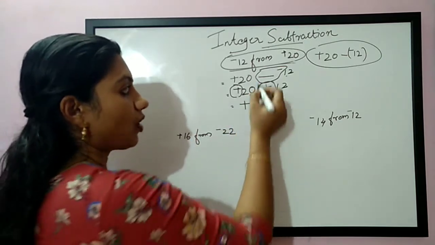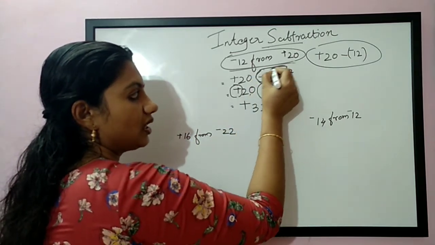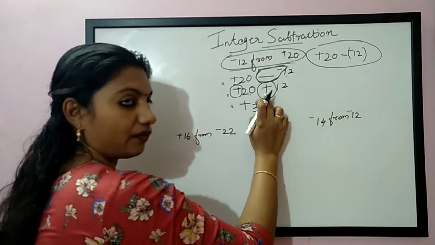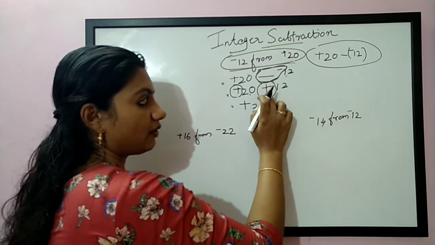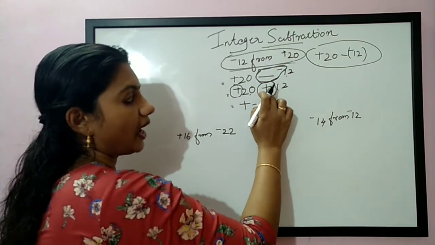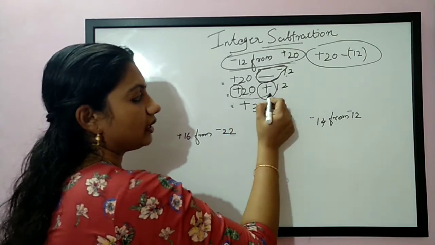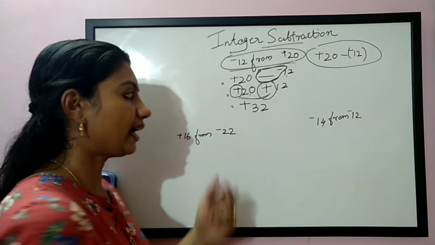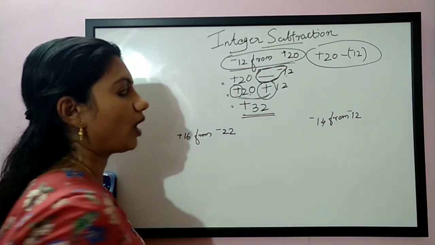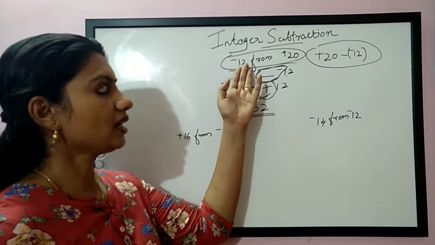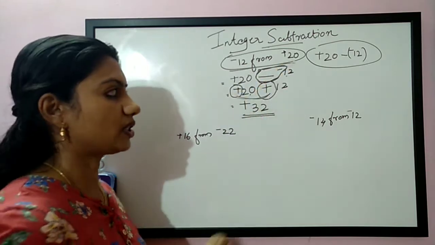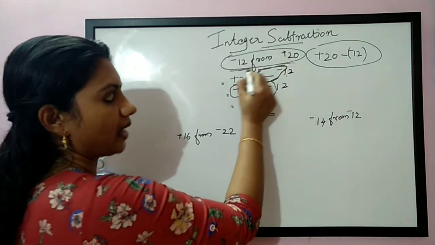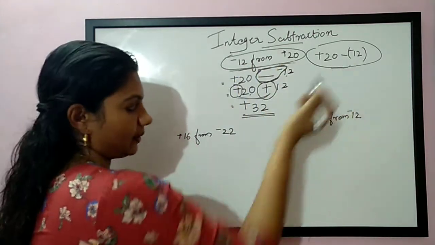It is only because we have changed these symbols. We have identified two negatives become a positive, and now if you just look at these two, it's going to be the same symbol, and that's why we have added here. So this is what I get when I subtract negative 12 from positive 20. So the question can be like this or can be like this.